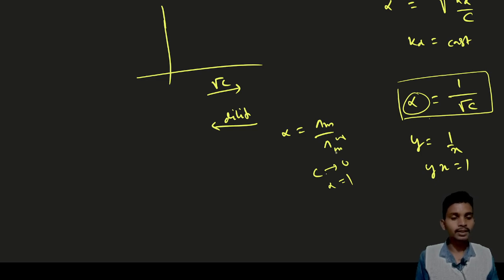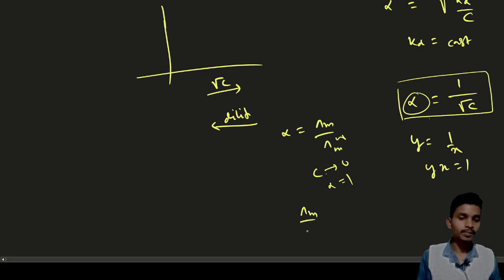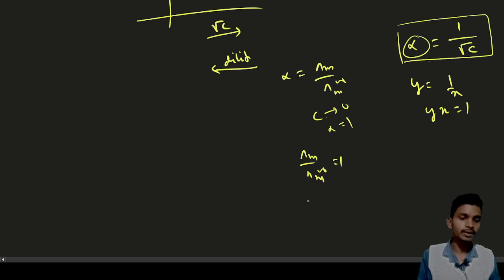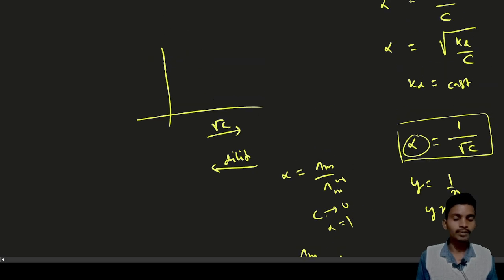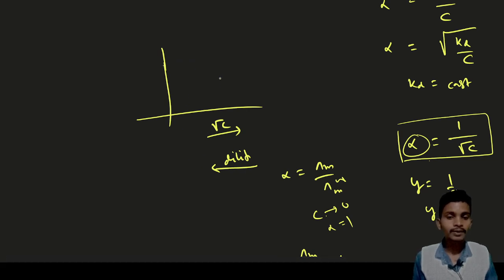so whenever you dilute, molar conductance tends to 0. If molar conductance tends to 0, then alpha equal to 1. Alpha equal to 1 means this upon this equal to 1, it means this equals this value. So that means whenever the dilution increases, meaning concentration decreases, at that time this value increases by a huge amount, tends to 1.